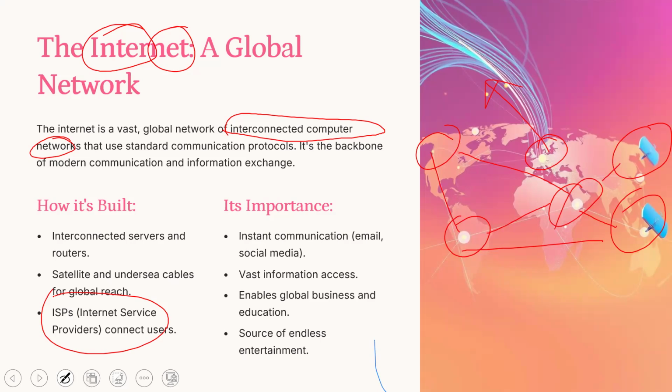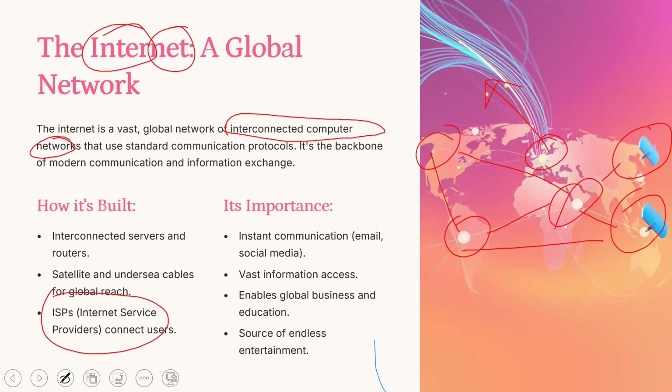You have Intelsat, you have Starlink, and so many others that are out there. They don't connect based on the telecoms, they connect based on the orbit. So any organization that provides you internet connection is an ISP, right?